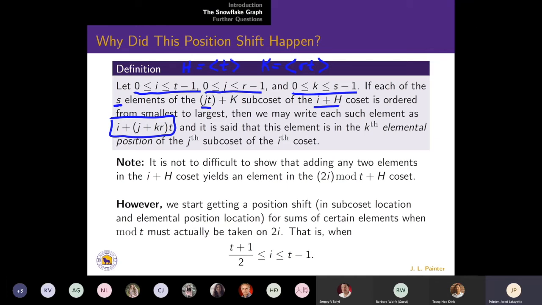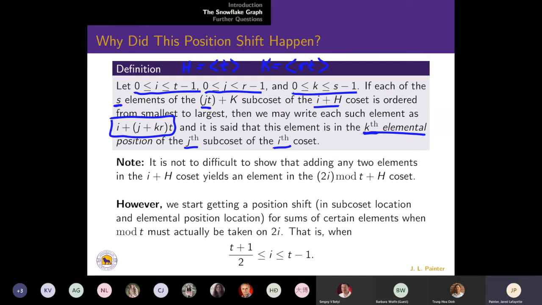Remember, K is the position in order of smallest to largest, starting from 0, times R, and then all times T. And we say that that's the element in the kth elemental position of the jth subcoset of the ith coset.